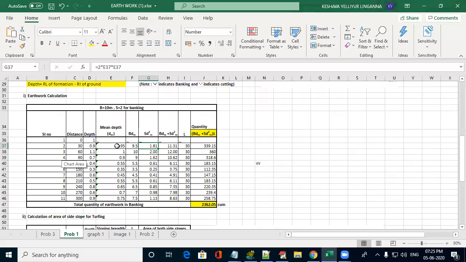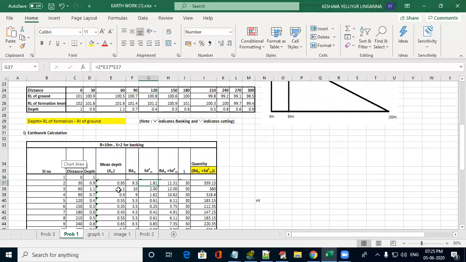So 2 multiplied by this value squared, SD square, that is 2 into 0.95 square, will give you 1.81. 2 into 1 square will give you 2. 2 into 0.9 square will give you 1.62, likewise till the end.